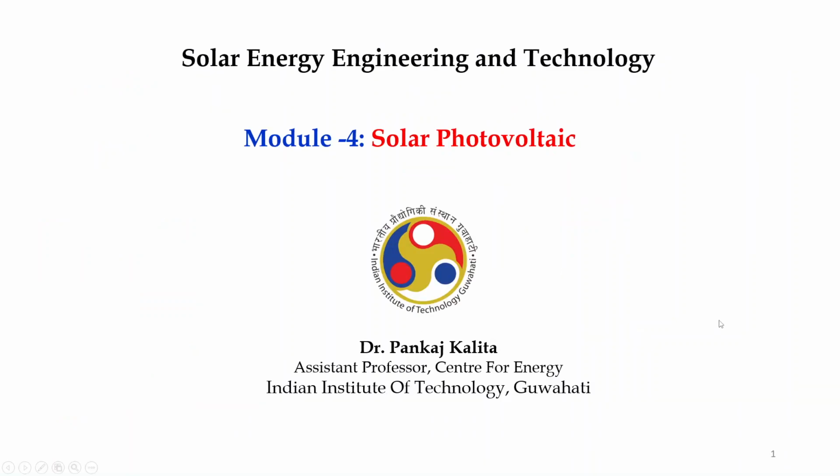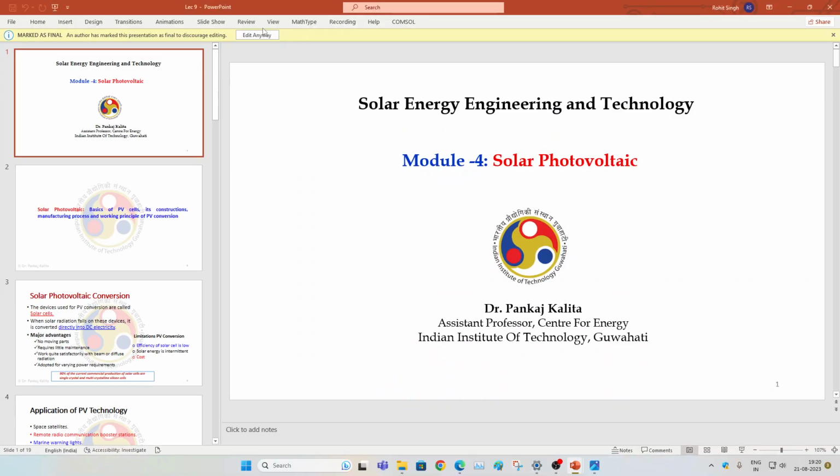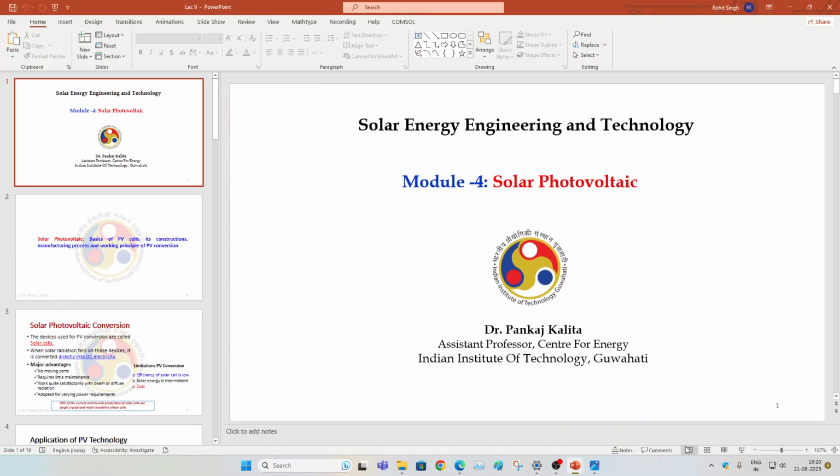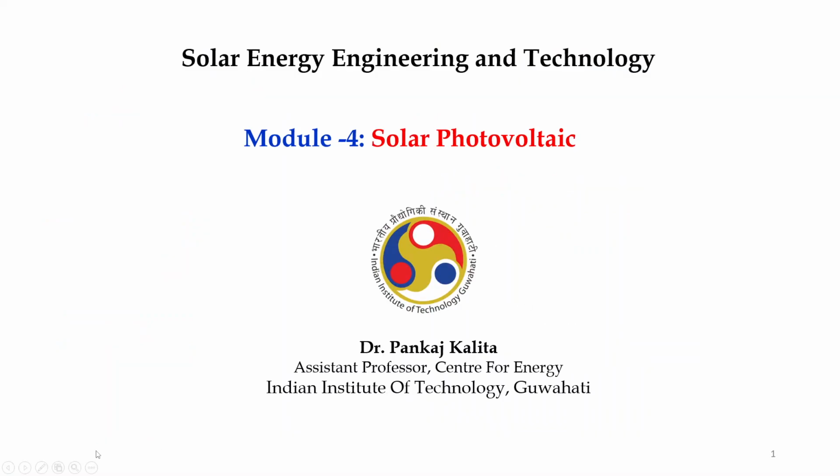Okay, so basically, solar photovoltaic consists of three words. Let's see how. The first word is solar, which means something related to the sun.